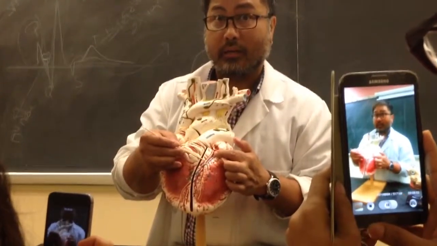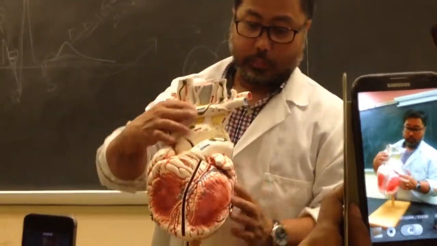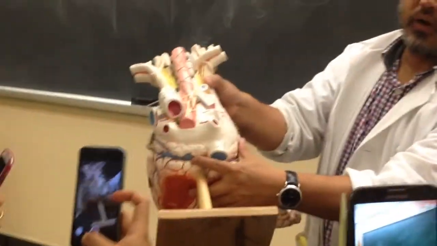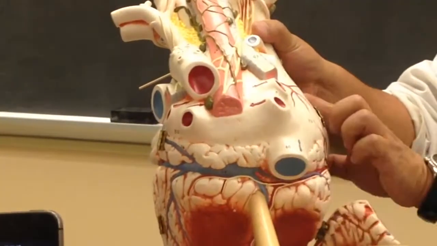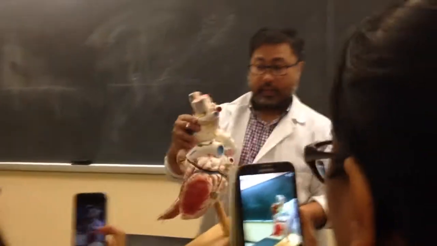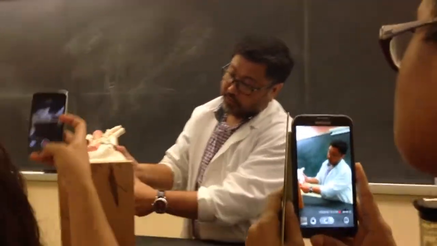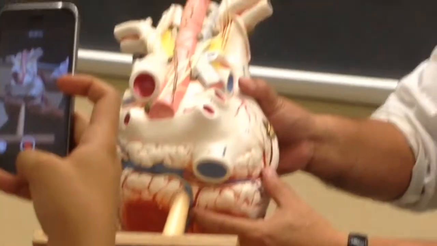It's known as the great cardiac vein, which brings blood up this way, into your coronary sinus, which is bringing blood into your right atrium.